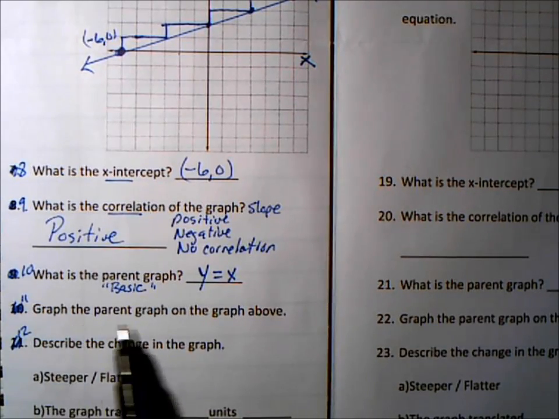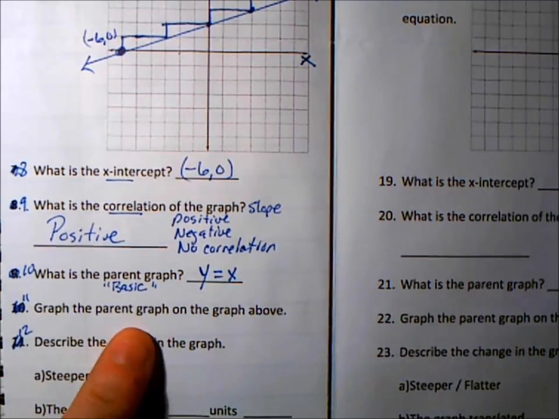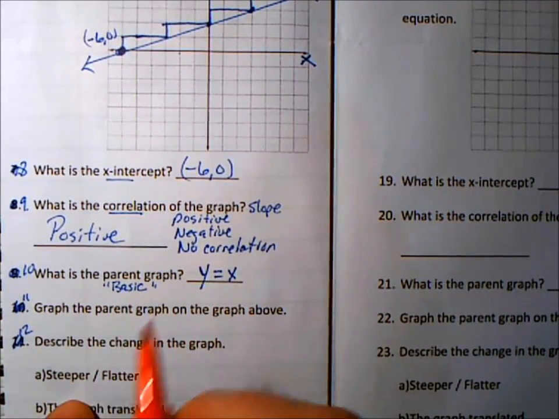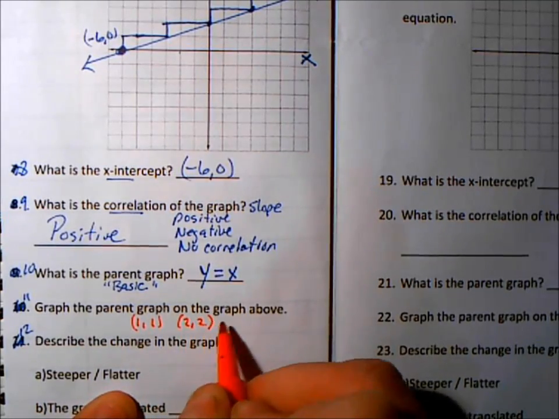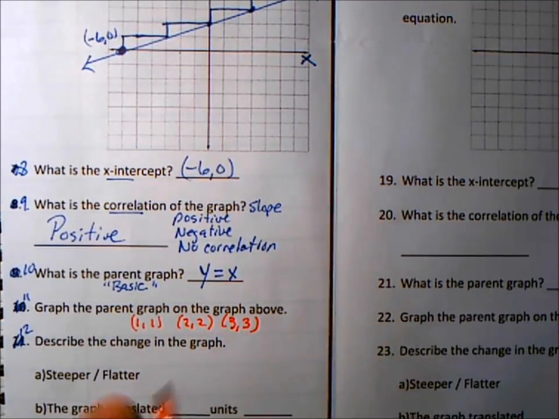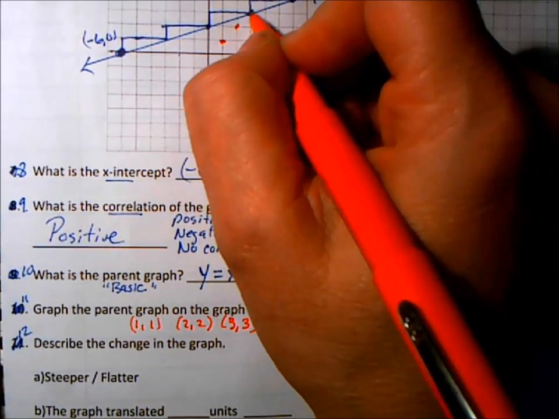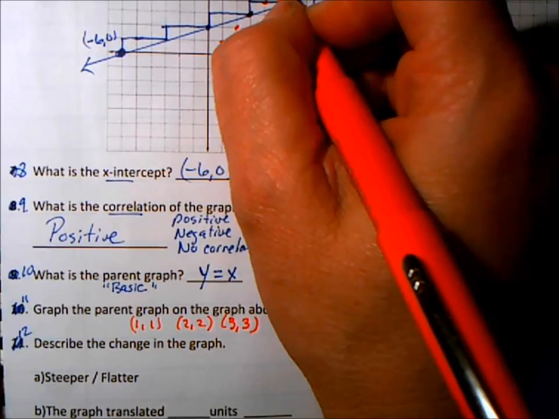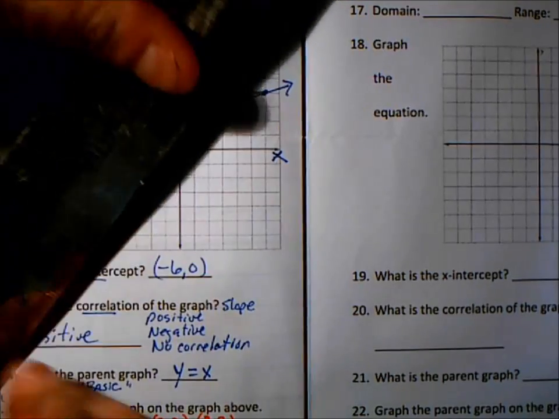On 11, they want me to graph the parent graph on here. So I'm going to change colors so we can see it. I'll make it red. The parent graph, remember, is the 1, 1, 2, 2, 3, 3 setup for coordinates, like 1, 1, 2, 2, 3, 3, 4, 4, 5, 5, 6, 6, and it goes right along that graph.